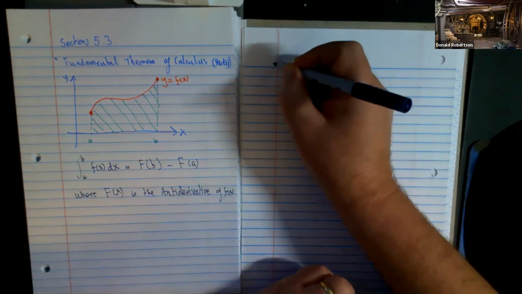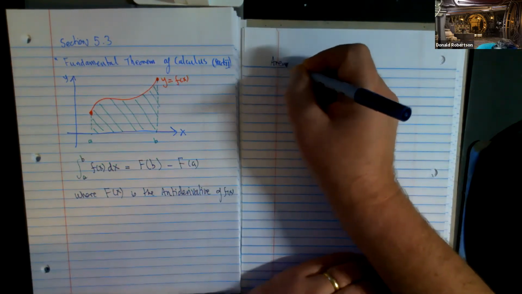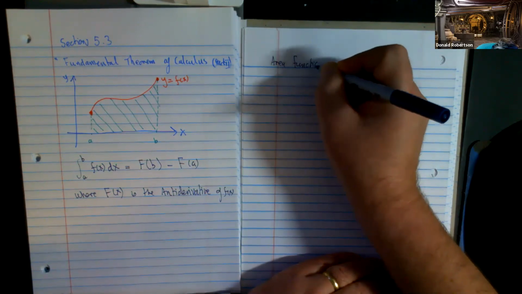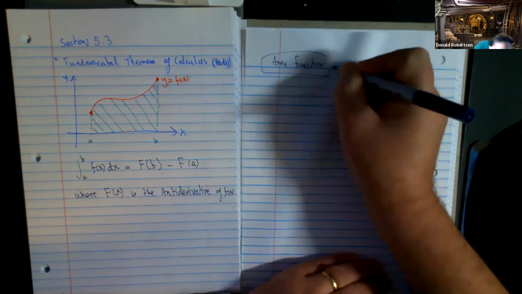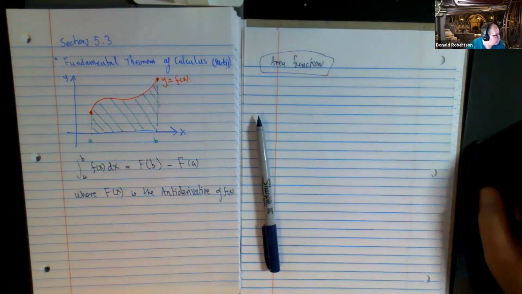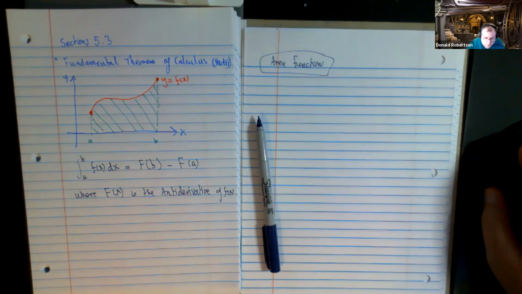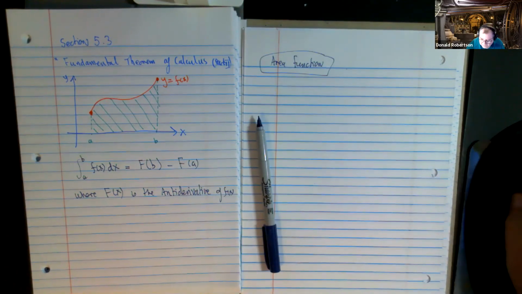First thing I'm going to do is look at what is sometimes called an area function. And there's only one example of this in the homework. So I'm going to go to it and we'll do this, at least my version, together.